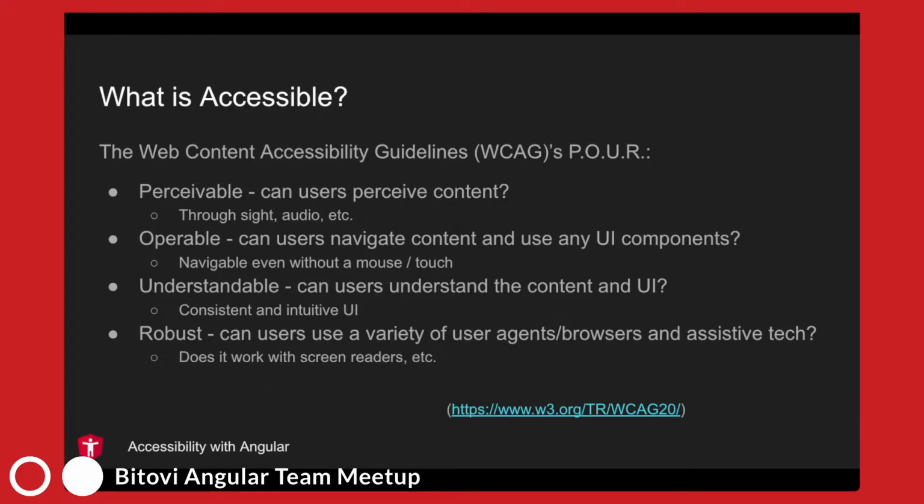Operable, users need to be able to navigate your content and utilize your UI. This can include with a mouse or touchscreen, or using a screen reader, voice command, or just keyboard. Understandable: does the UI make sense, and does the content make sense? So a consistent, intuitive user interface. And then robust: make sure that people are able to access your content with a variety of browsers and assistive technology. So does it work with screen readers and things along those lines?